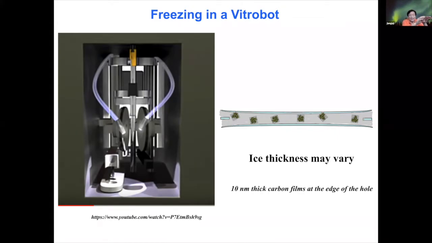There will be no ice crystals around the molecules, and the molecular structure will not be damaged. Shown here on the right side is the thin ice across a single hole in the holey film. I showed this in the last slide.